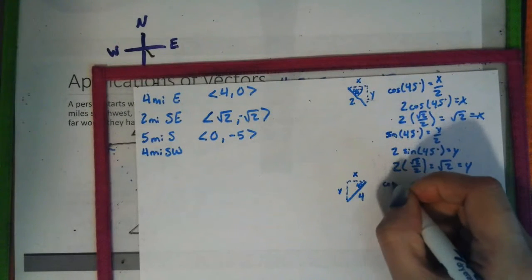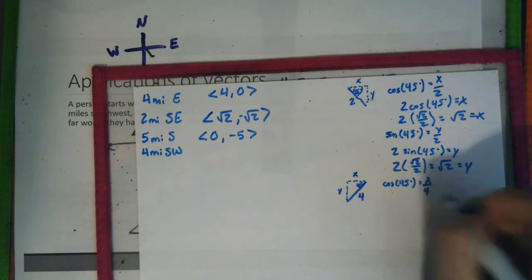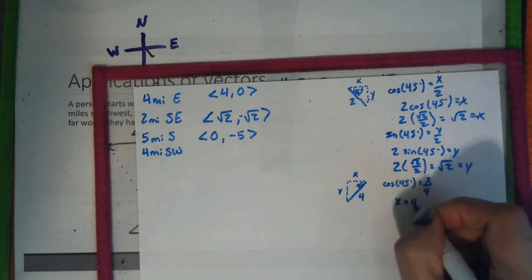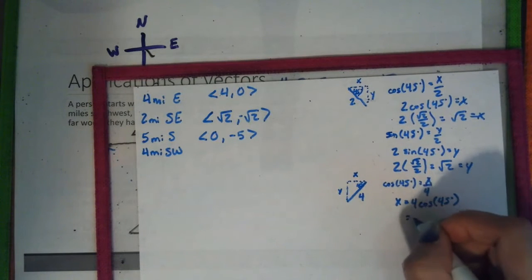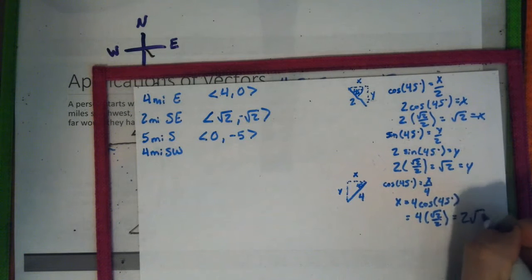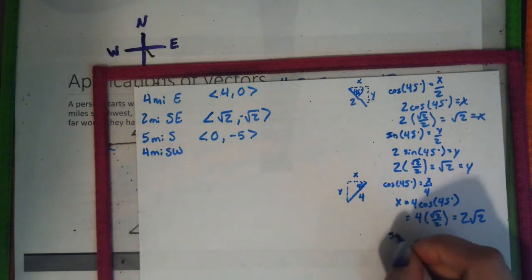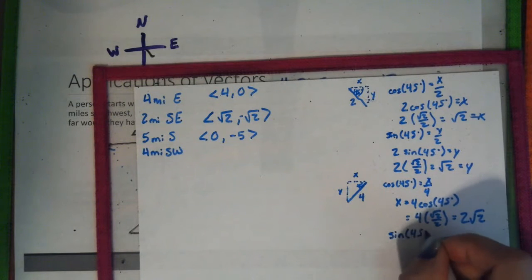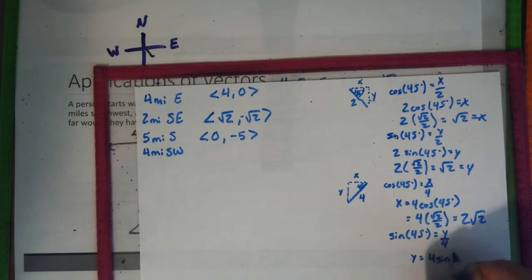We get that the cosine of 45 degrees is equal to x over 4. So x is 4 times the cosine of 45 degrees, which is 4 times the square root of 2 over 2, which is 2 times the square root of 2. Solving for y, we'll have the sine of 45 degrees is equal to y over 4. So y is equal to 4 times the sine of 45 degrees.